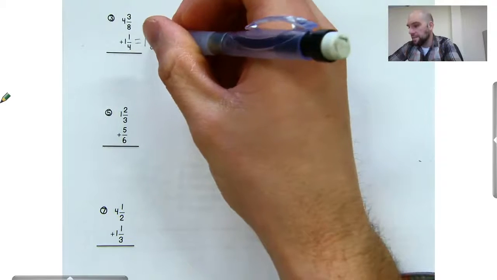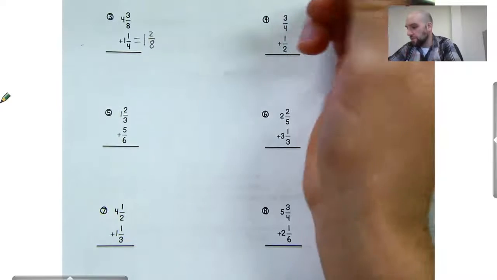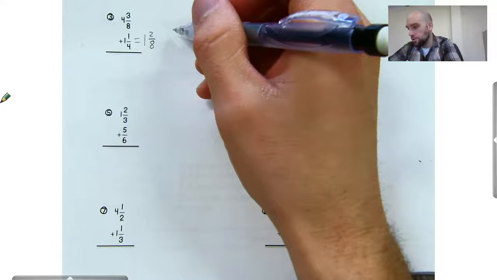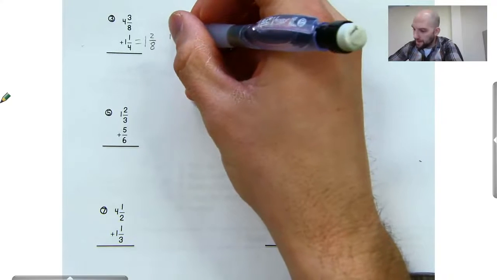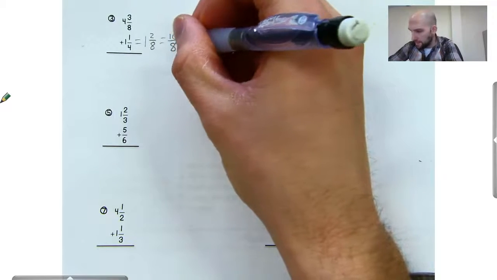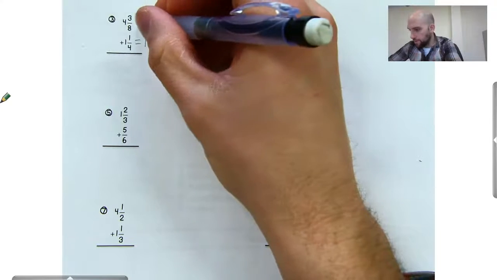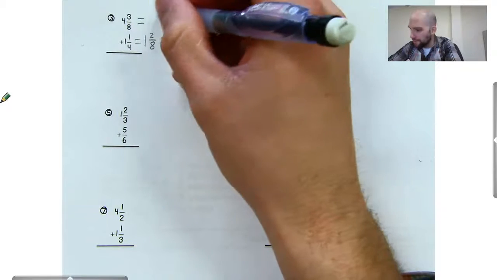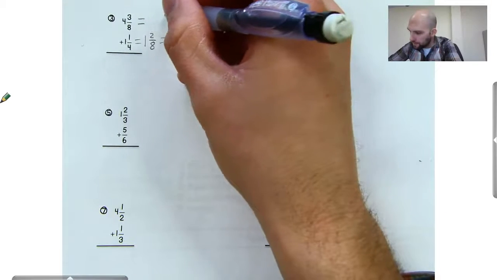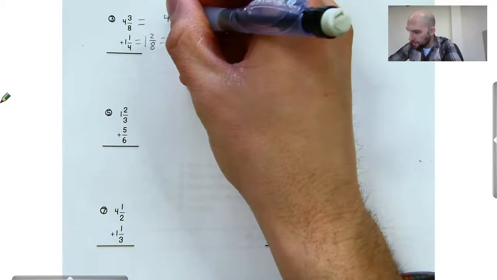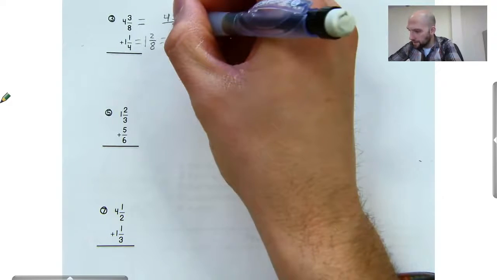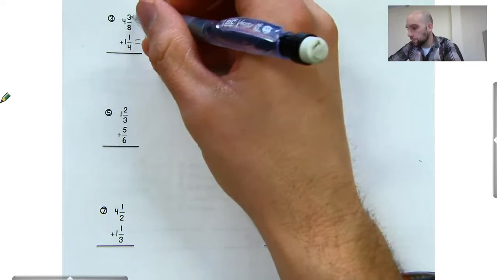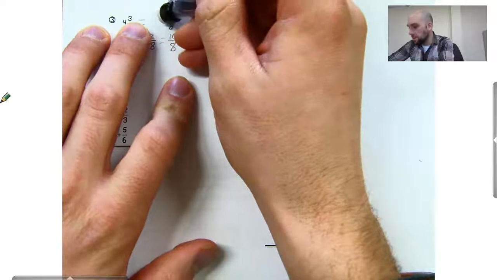Now let's make these into improper fractions first. So I have 8 times 1 is 8 plus 2 is 10. So 1 2/8 is really 10/8. And then 4 3/8, well 8 times 4 is 32 plus 3 is 35/8, excuse me.